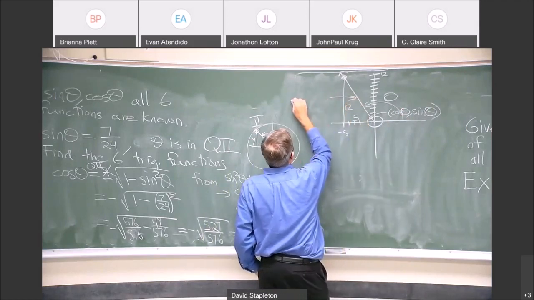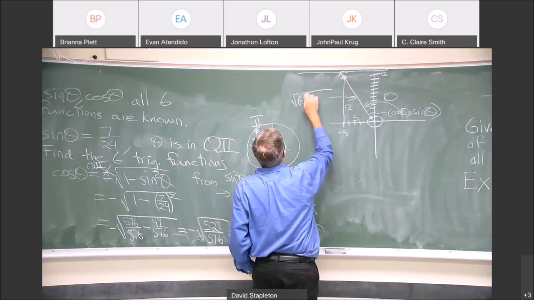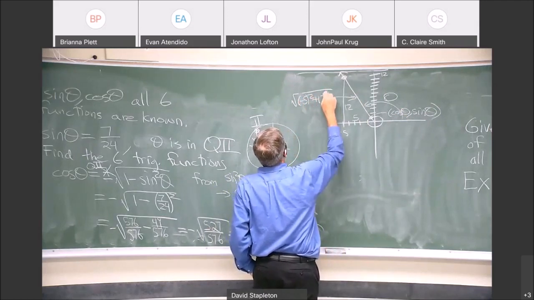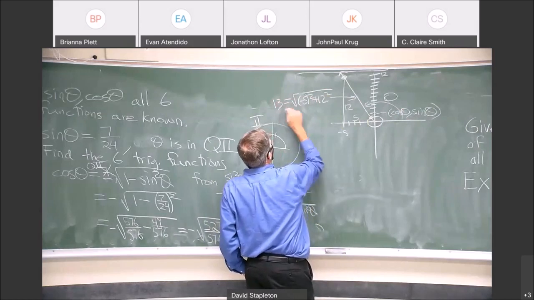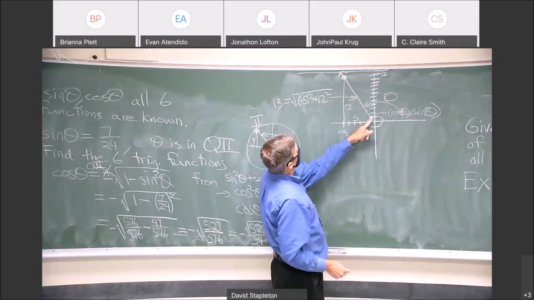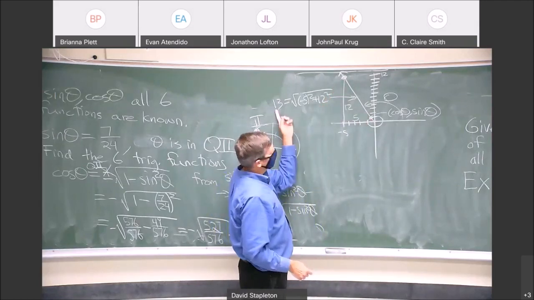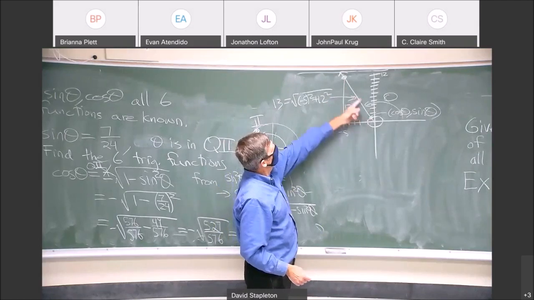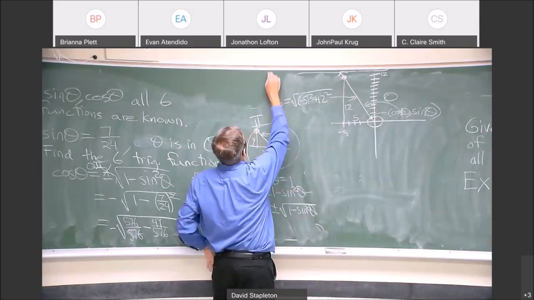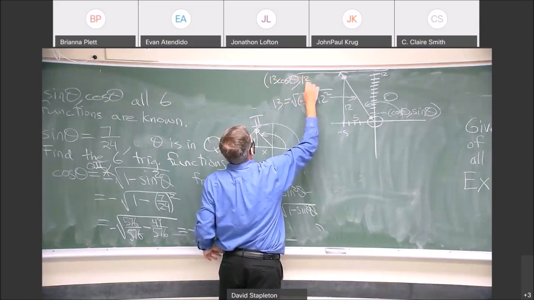The last side, by the Pythagorean theorem, is the square root of (minus 5) squared plus 12 squared, which is 13. So the hypotenuse of the triangle is 13. If the coordinates here are cosine theta and sine theta, what are the coordinates here? They're 13 times as far out because the radius here is 13. The coordinates here must be 13 cosine theta and 13 sine theta.